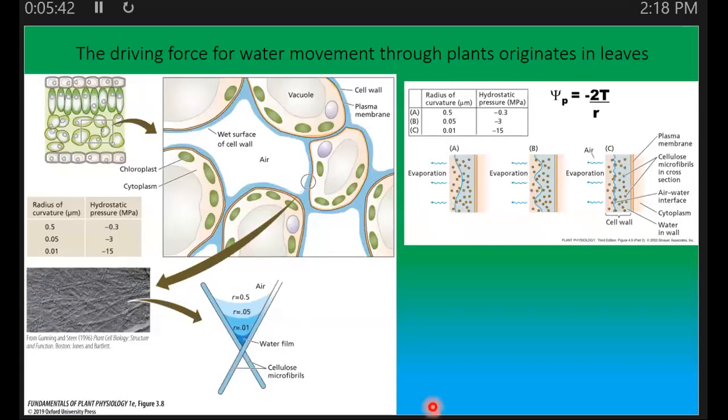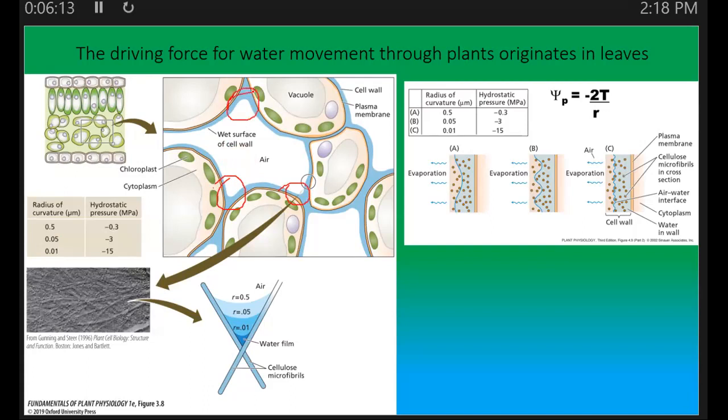So here you're looking again at the film of water clinging to the cell walls of all the cells inside the leaf. And what we see happening here, if you look carefully, just like what we saw with that soil particle picture, is that you get these curvatures of the radius of the air-water interface.